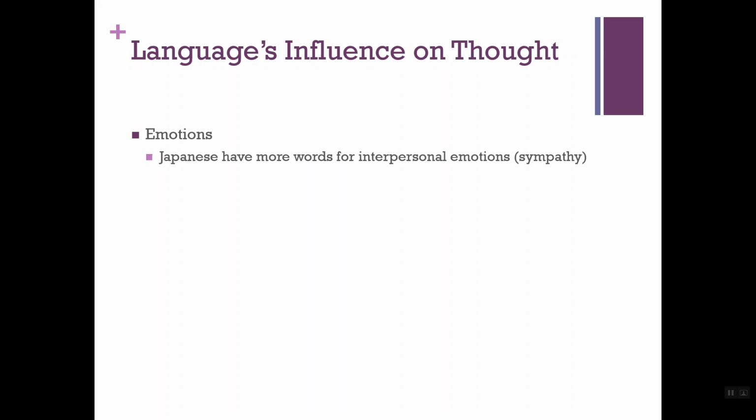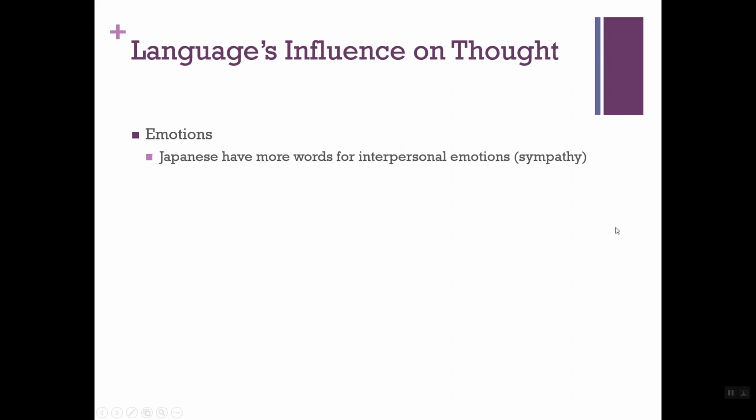Emotions also play a role in our language, or have this kind of interaction. For instance, the Japanese have more words for interpersonal emotions. This can be highly cultural, in that Japanese provides more words for sympathy and empathy, because they might need to express this more in their culture.